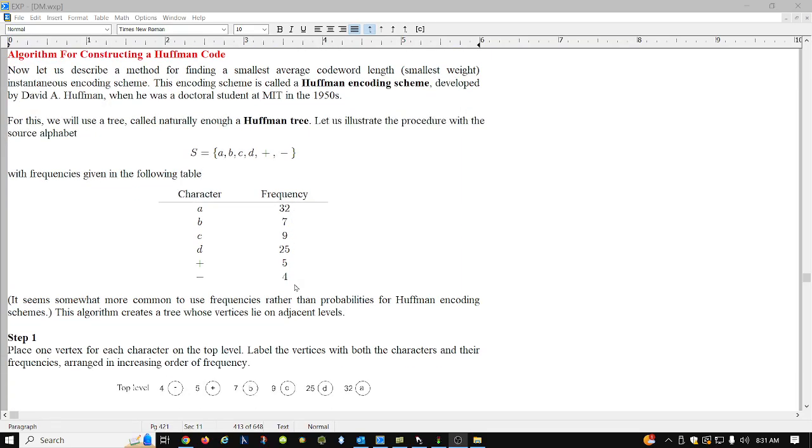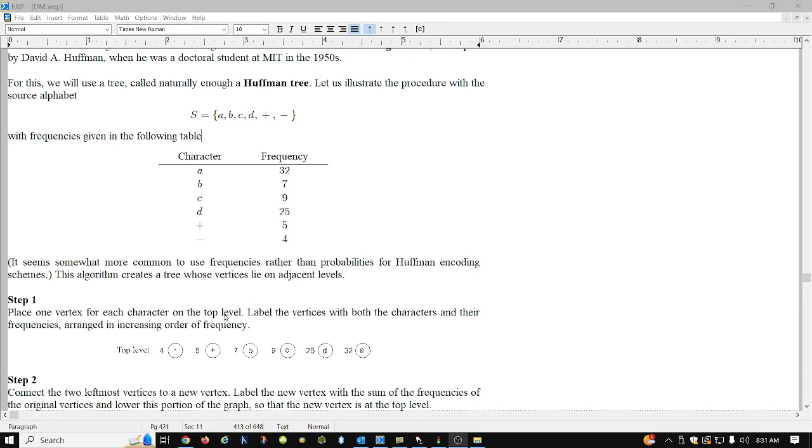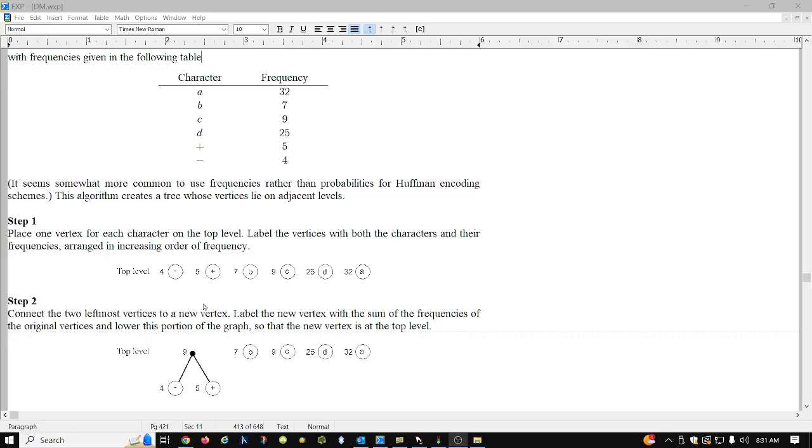The Huffman algorithm creates a tree whose vertices lie on different levels. At step one, we place one vertex on the top level for each character in the source alphabet. We label the vertices with that character as well as with their frequencies.